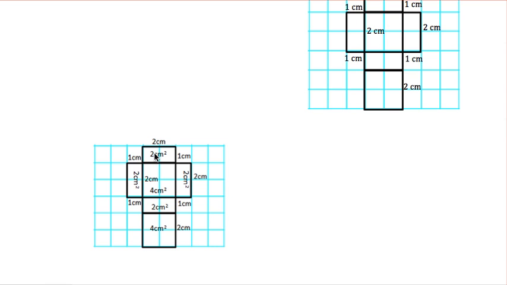Then finally you would add all of these areas together. 2 plus 2 plus 2 plus 2, which is 8, plus 4 more, which is 12, plus 4 more, which is 16 square centimeters. So surface area is the sum of the areas of all of the surface of a 3D figure.